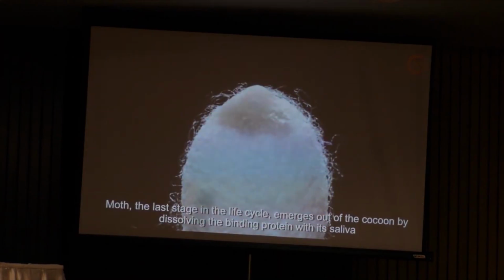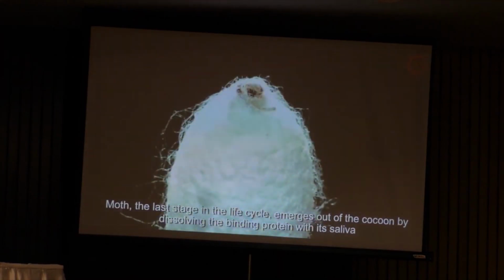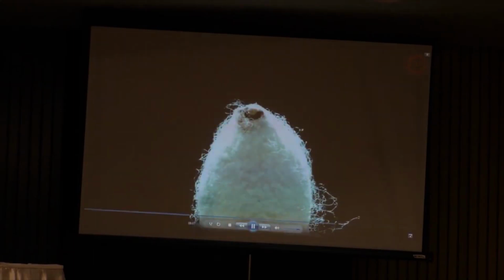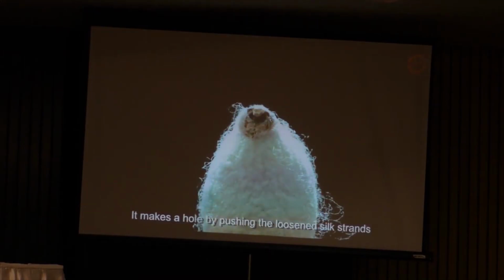Moth is the last stage in the life cycle. It emerges out of the cocoon by dissolving the binding protein with its saliva. It makes a hole by pushing the loosened silk strands.